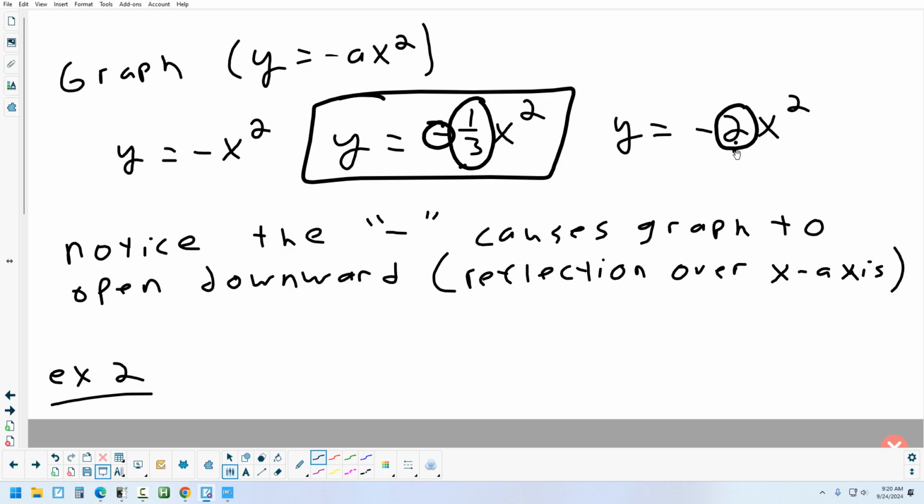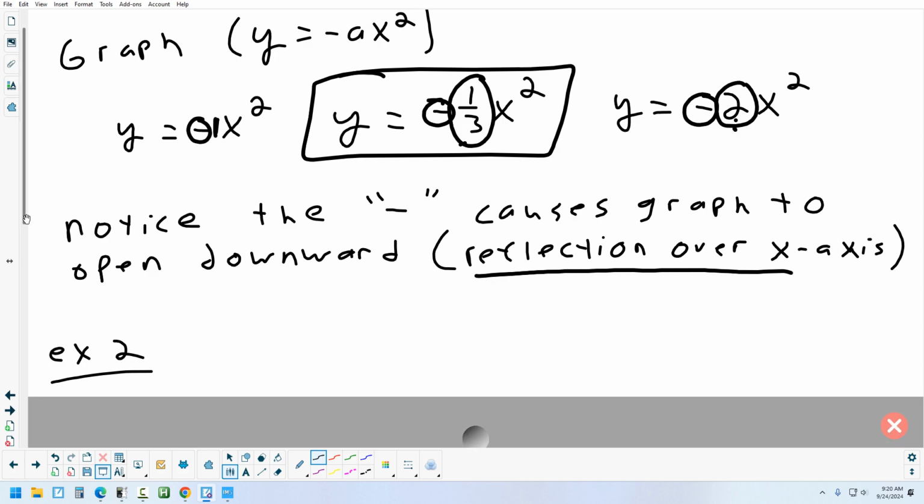That's a vertical stretch by a factor of 2, and that's causing a reflection over the x-axis. So make sure you describe those as two separate things. Here, there's only one. There's no vertical stretch because the number in front of x squared is still a 1. But there is a negative, so it will cause it to reflect over the x-axis.